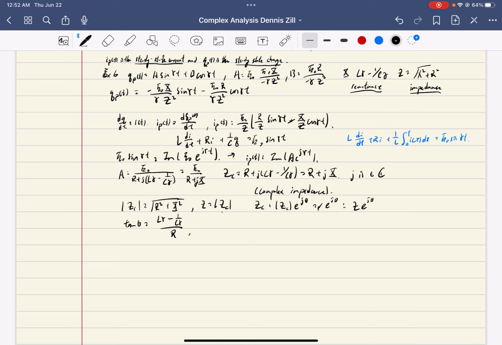So hence your A is equal to Z_C, right? This part, equal to Z_C because you have j, this part, this is i j X, right? So if you take the modulus, this is that, right?